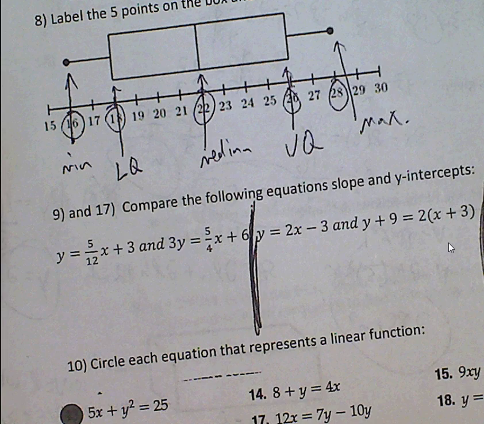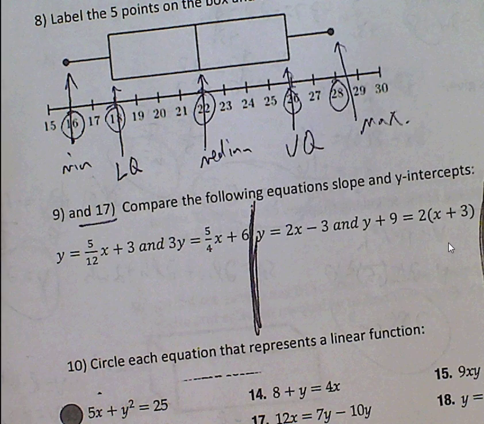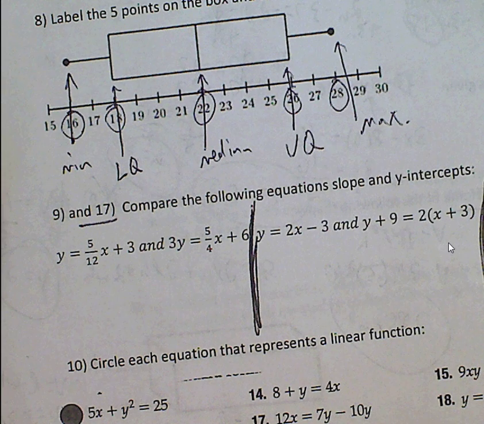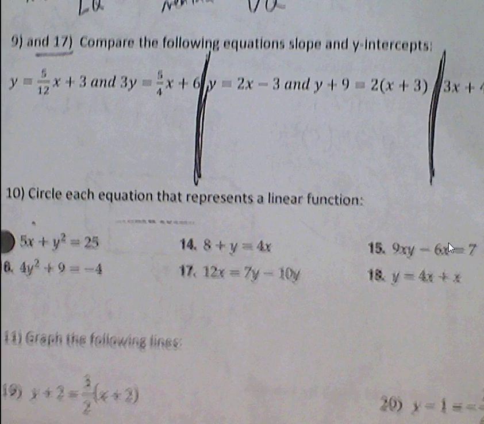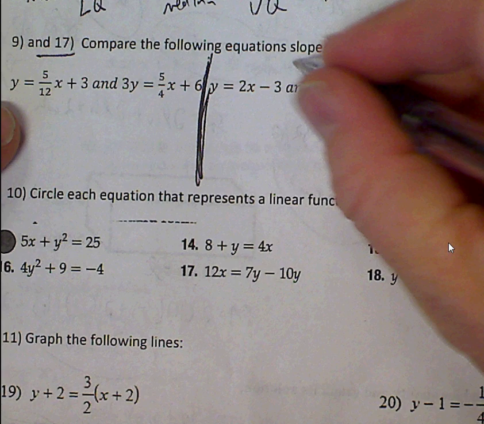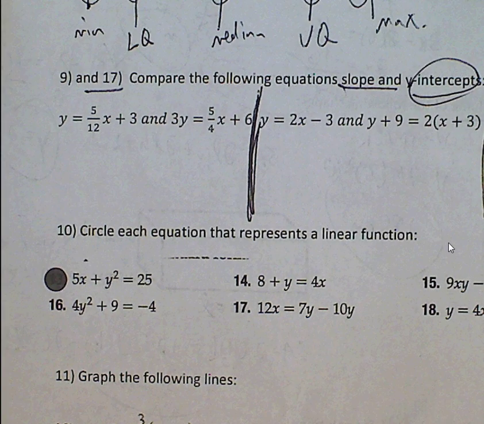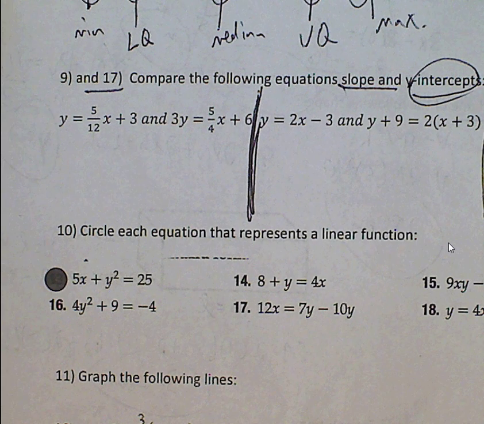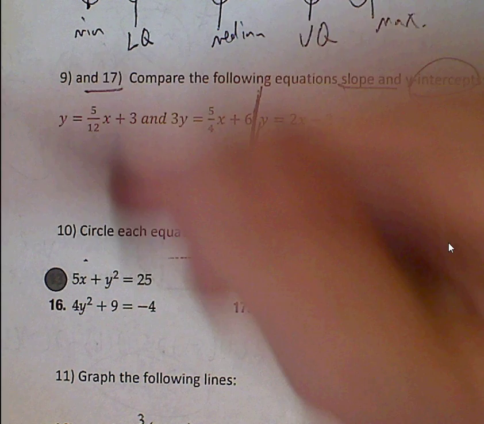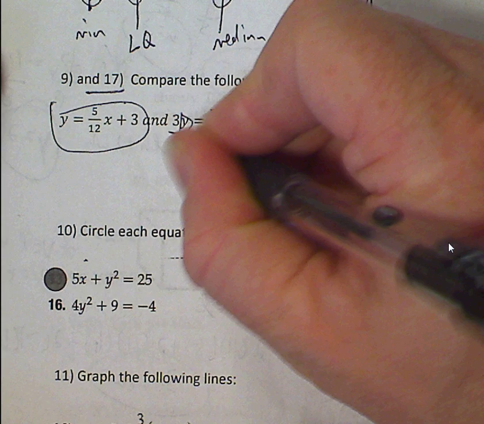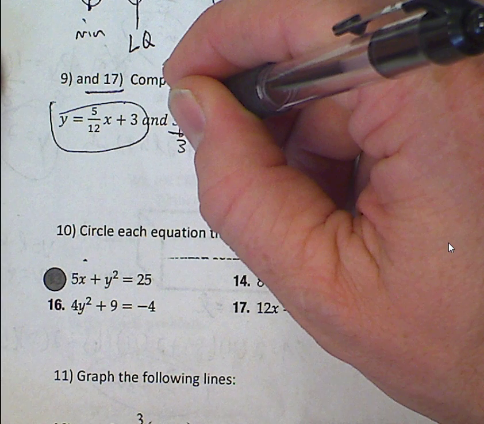Number 9 and 17. I put 9 and 17 together because you're not going to see a 17 later, since they are very, very closely related. It says compare the following equations, slope and y-intercept. In order to compare two equations, I have to get them in y equals mx plus b. This one is already done for me. In order to get y by itself, I need to divide by 3.